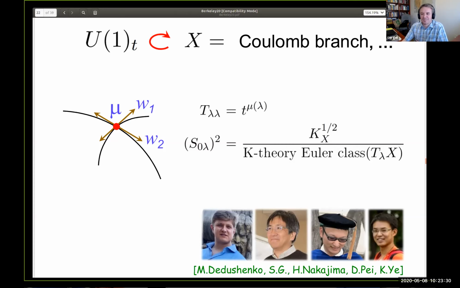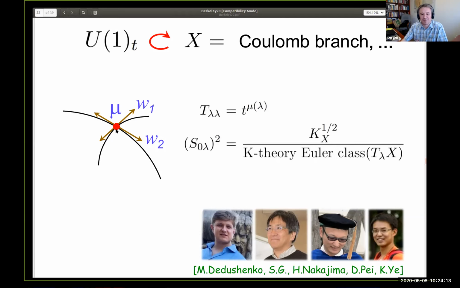So if you're interested to know what the S and T matrices associated to space X are, which would be a Coulomb branch or could be something more general, if fixed points are isolated, there is a very concrete formula which expresses matrix elements of T and S in terms of various equivariant characteristic classes at the fixed point. For example, if you have an isolated fixed point and the circle action acts on the normal bundle to this fixed point with some weights, W1, W2, and it could be multidimensional.